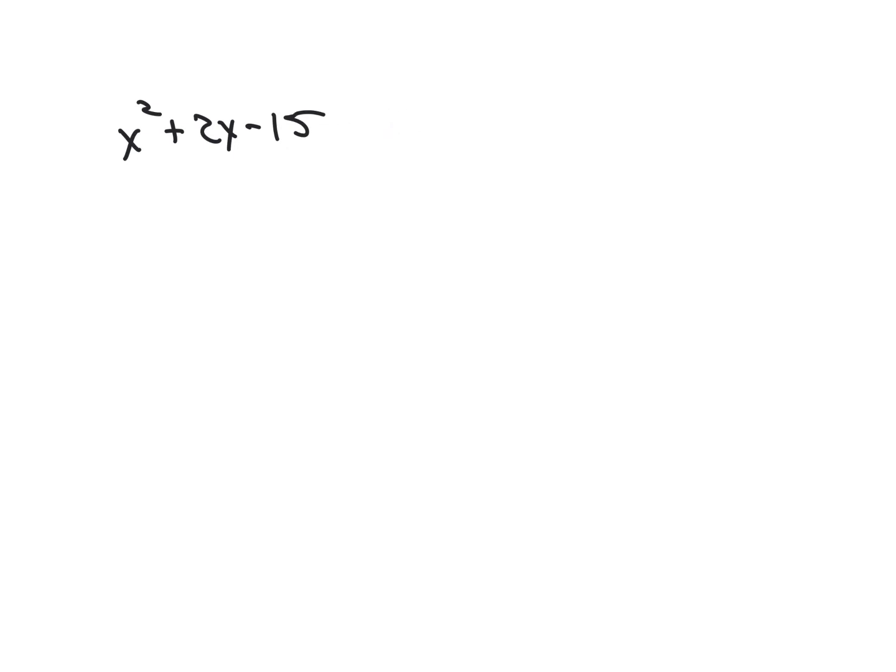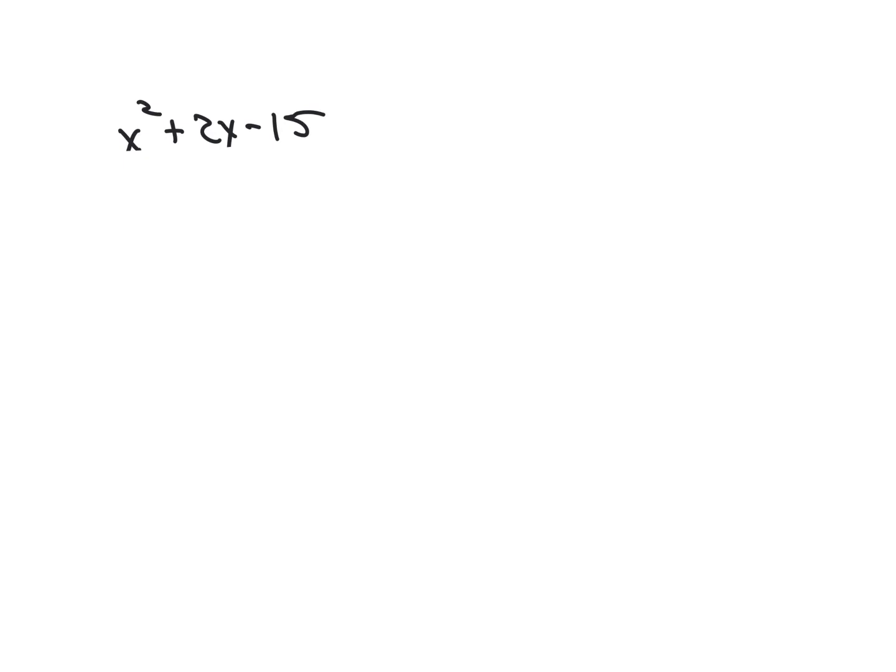There are three different ways we're going to learn. This one is the easiest and the fastest, but it's not possible for all trinomials. So we're going to practice this method on these trinomials because it works, and later in the course we'll get into other ones that require a couple of other methods.